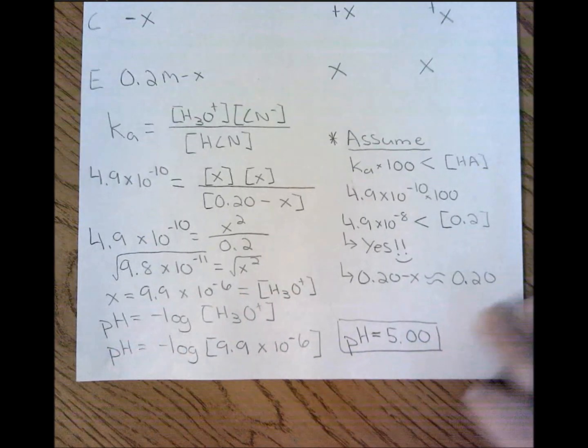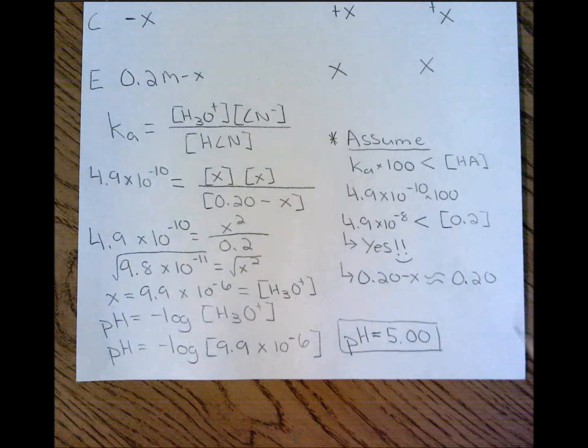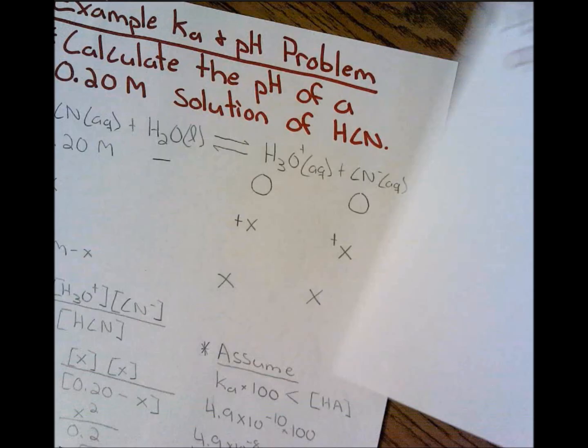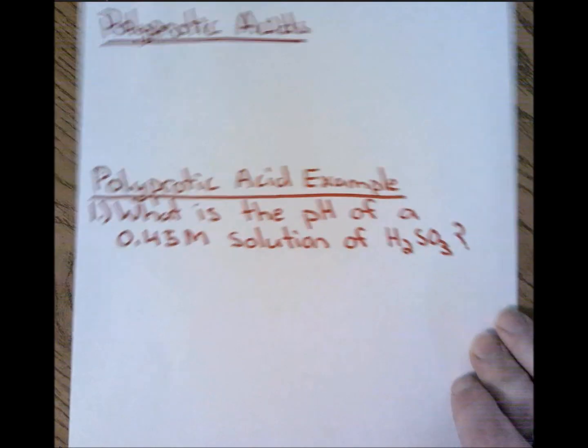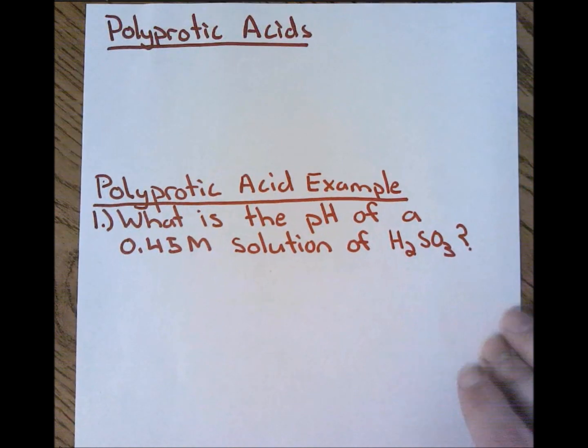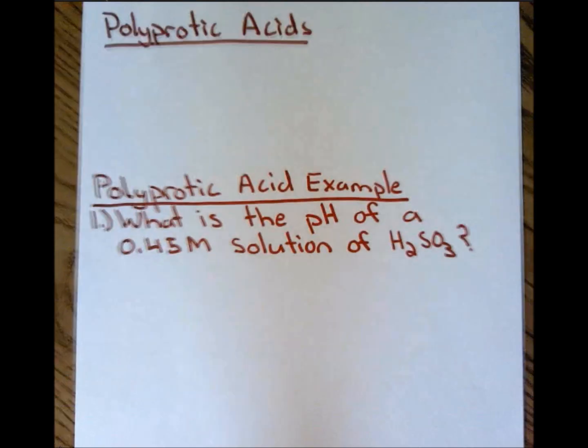Let's go a little bit more complicated, and let's go to something called a polyprotic acid. A polyprotic acid is still going to be a weak acid, but it can have multiple H's to donate.